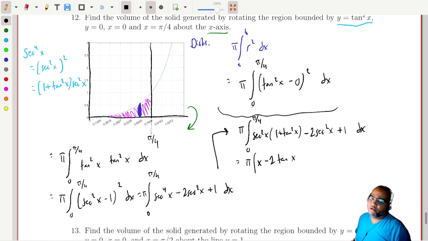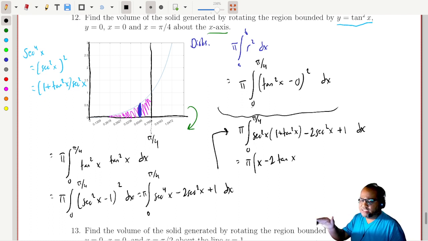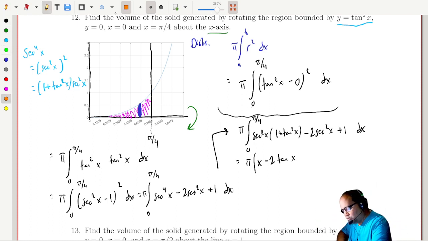Now for the last part, I'm going to skim over the details here. For this last integral, which I'll do in green, I want you all to do u equals, what do you think? u equals tangent of x. That du is secant squared x dx.